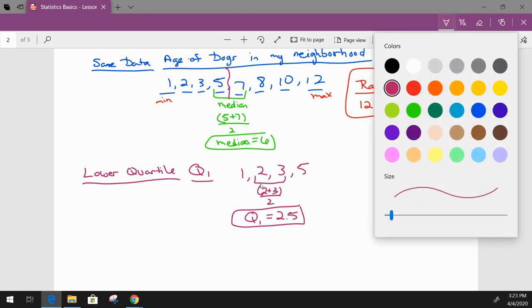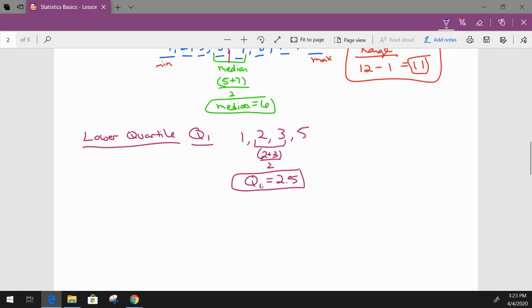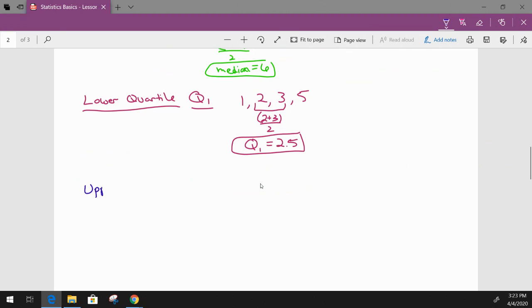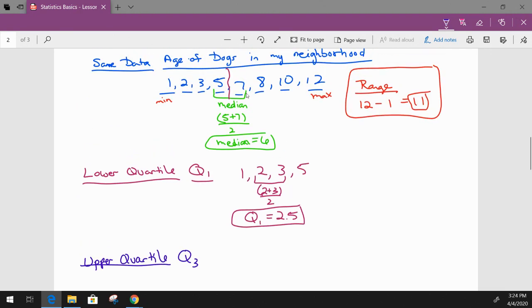My upper quartile, which again is represented by Q3, is the median of the upper half of the data. Since we have an even set of data, there's exactly half of the numbers above it.